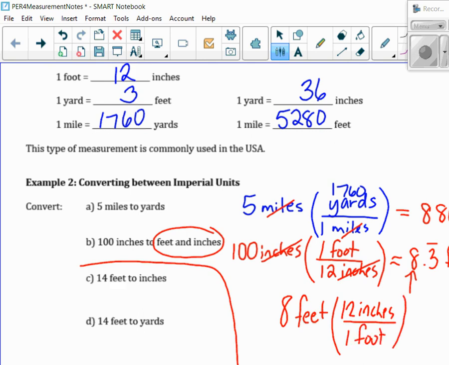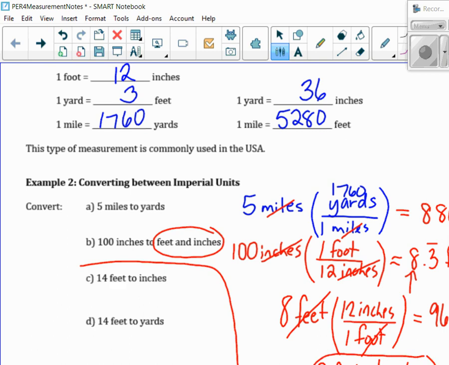Okay, so they would cancel, and so I've used up 96 inches. So how many inches are left there? 4. So what's my final answer? 8 feet, 4 inches. Does everybody understand how I got that as my final answer?